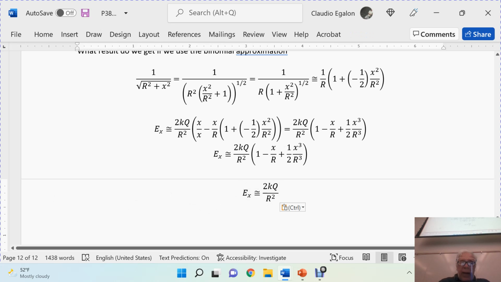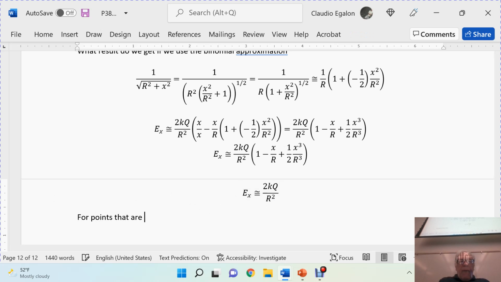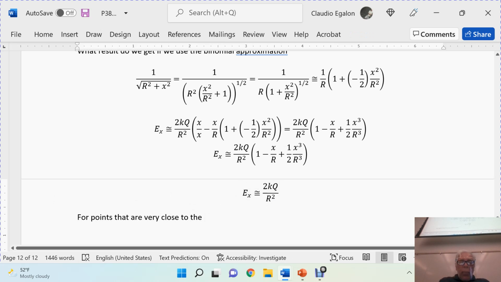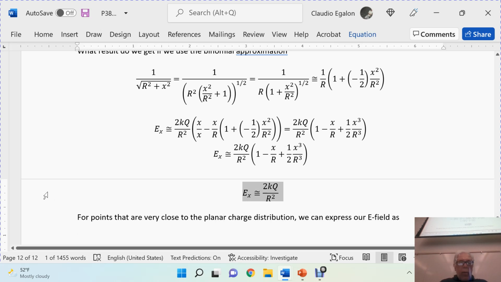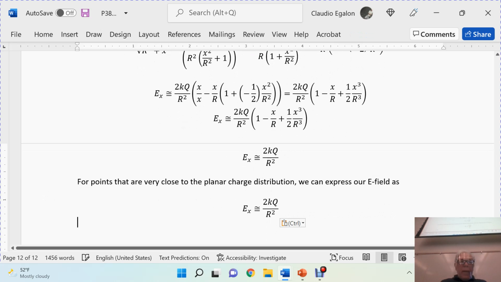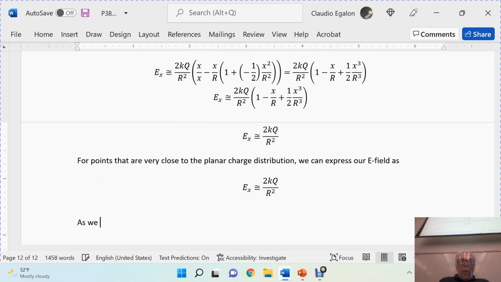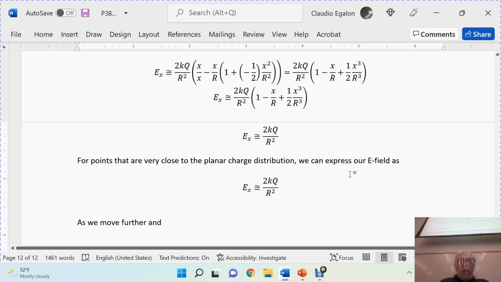So let's write that down. For points that are very close to the planar charge distribution, we can express our field as that. And what do I mean by very close to the planar charge distribution?